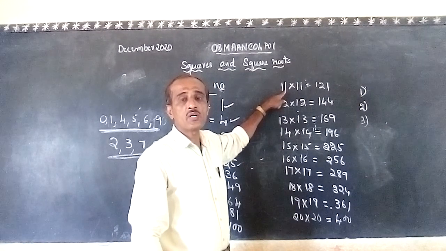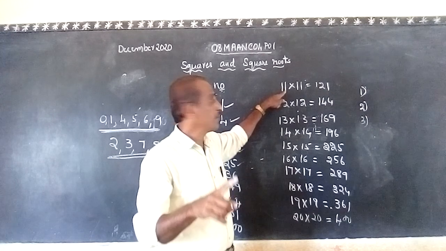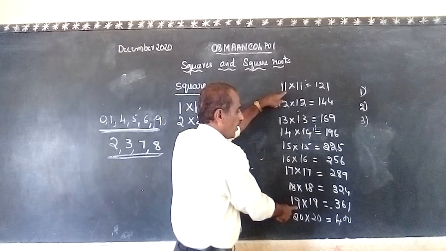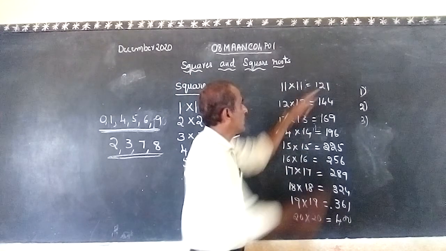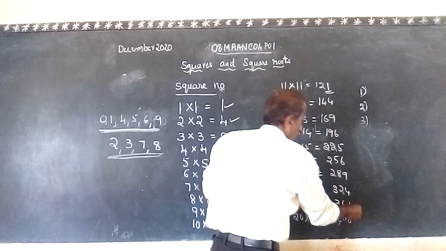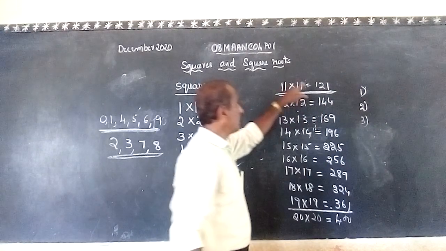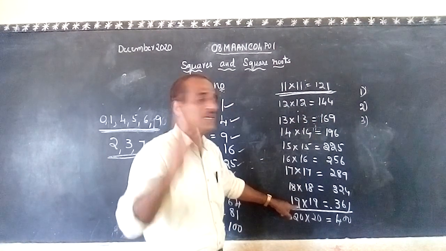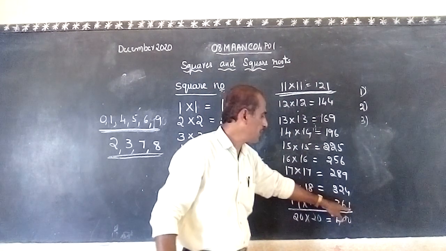So if the root is a number which ends with 1 or 9, then its square always ends with 1 only.